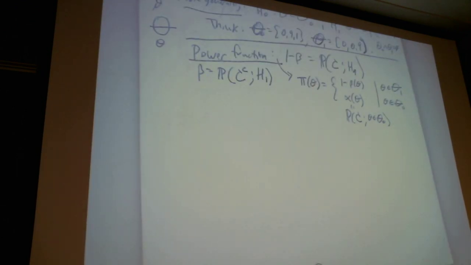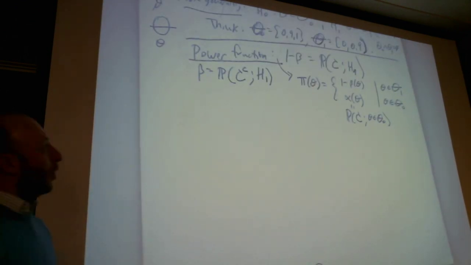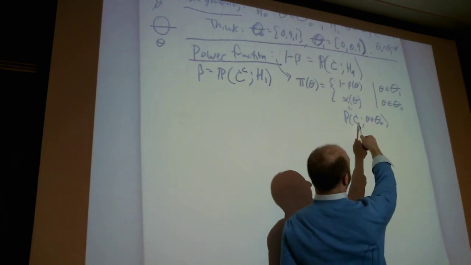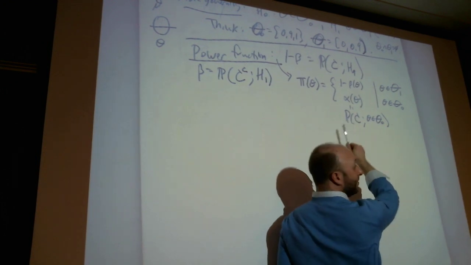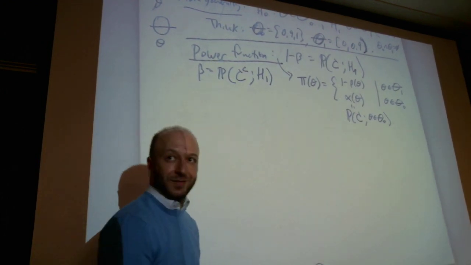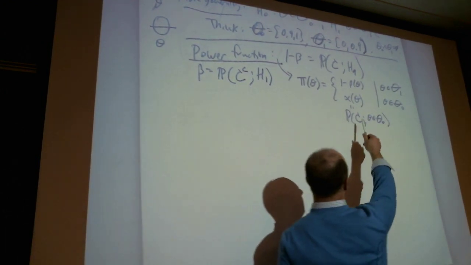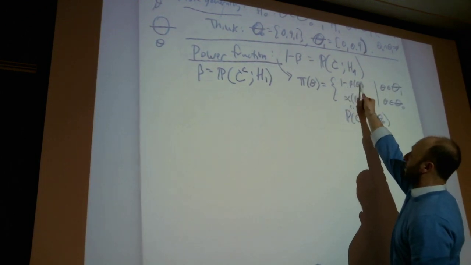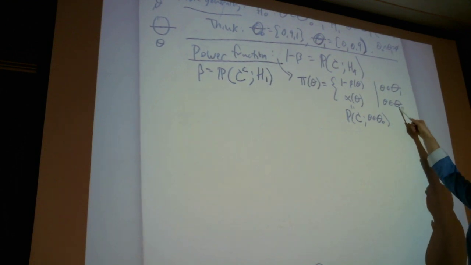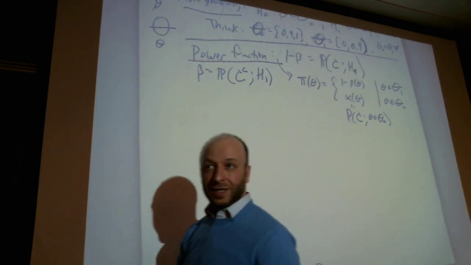Does that make sense? The point is, in both cases, it's just the probability of the critical region. It's just the size of the critical region with that parameter. But if we're in the null hypothesis, then that is the size, and if we're in the alternative hypothesis, then it's the power.